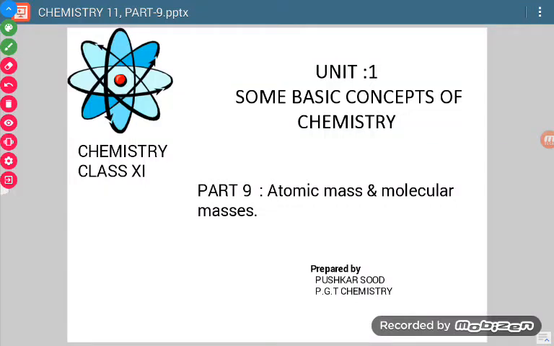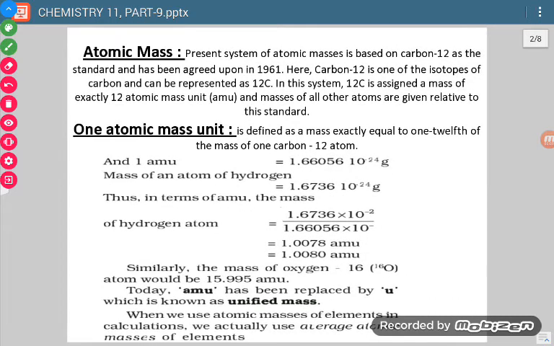Students, today we are going to discuss atomic mass and molecular mass. Now, atomic mass is related with atom, and atom is the basic building unit of matter. When we want to find out the value of atomic mass, we compare it with the mass of an atom of carbon 12 isotope.